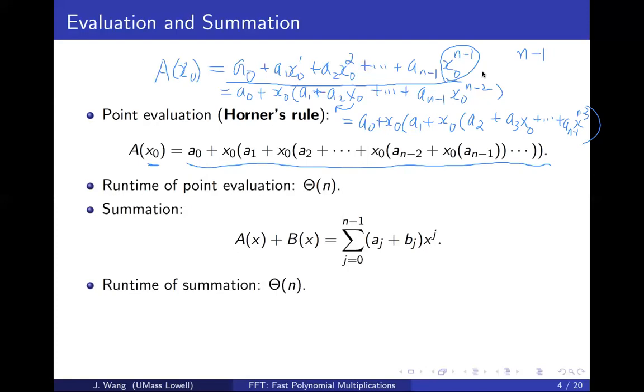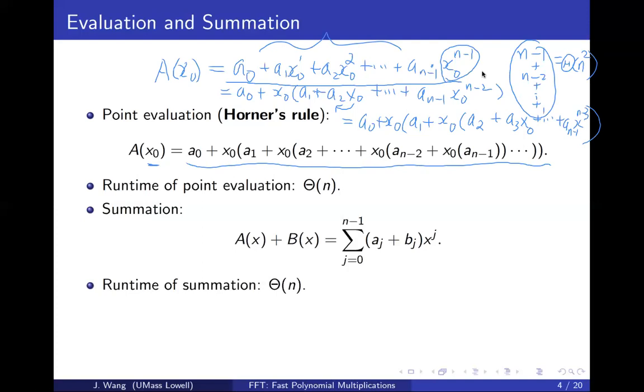And then you have a multiplication with a_{n-1}, so that's n minus 1 times. So all together, you will have n minus 1 plus n minus 2 plus up to 1 many operations. So this summation is in the order of n squared.